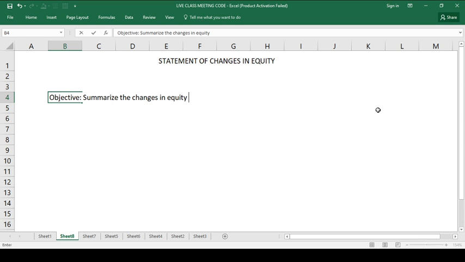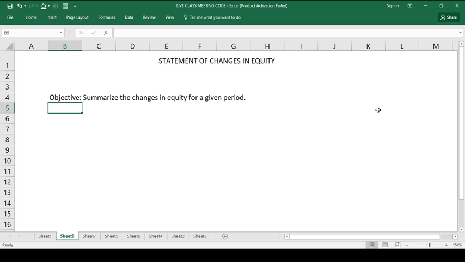Because it summarizes the changes in equity for a given period, it will provide information on what factors changed, increased, or decreased the equity of a company. That is the only information the statement of changes in equity can give.